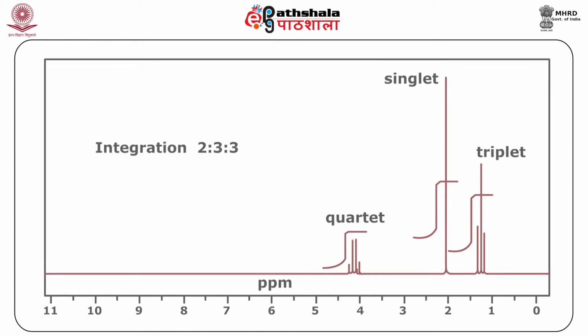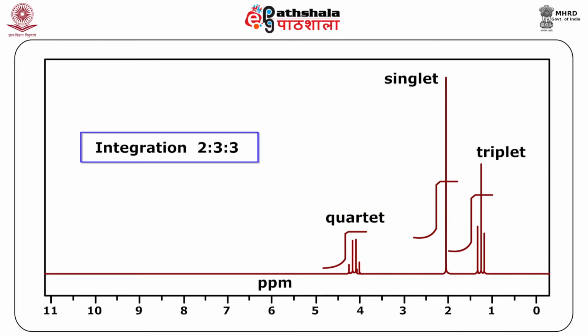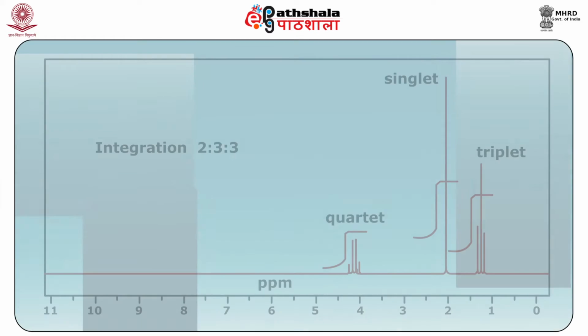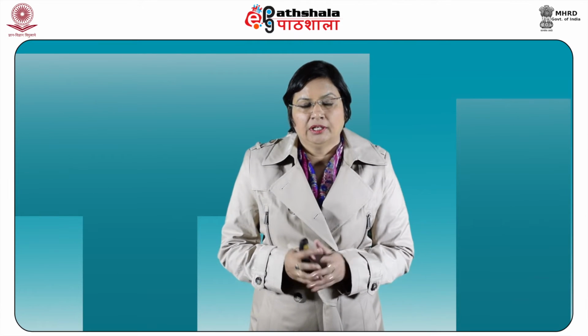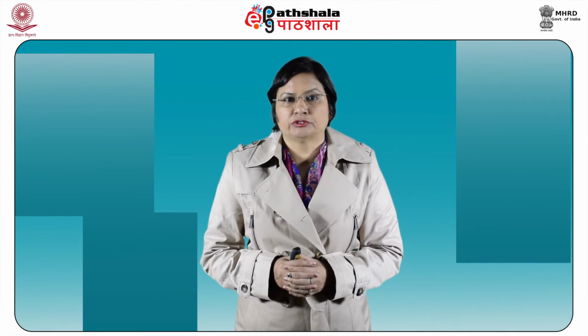You are also provided with this 1H NMR spectra, and here you can notice one triplet, one singlet and one quartet, and the relative integration values are 2:3:3. So based on all this information you have to construct or elucidate the structure of the unknown organic compound. Let us see how we will be solving this question.